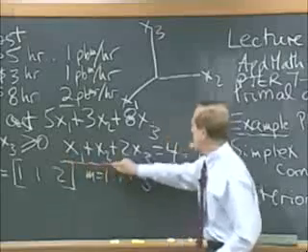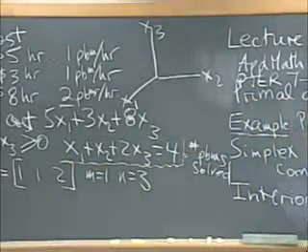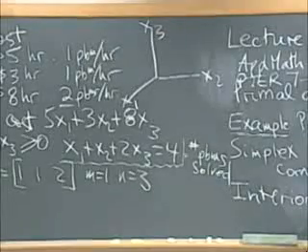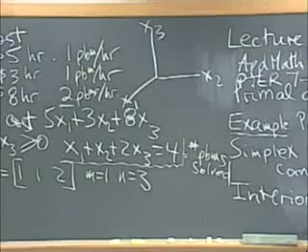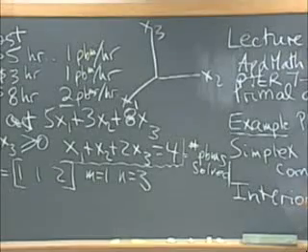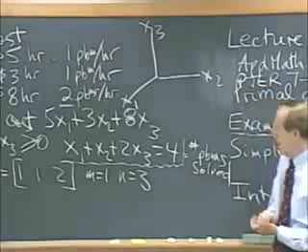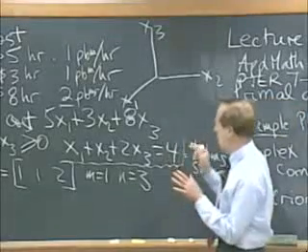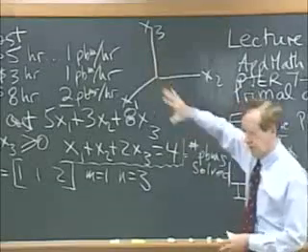What's that equation give me in my picture? If I graph the points that solve that equation, I get a plane. That's a linear equation, it gives me a plane. So that plane, of course, goes infinitely far.